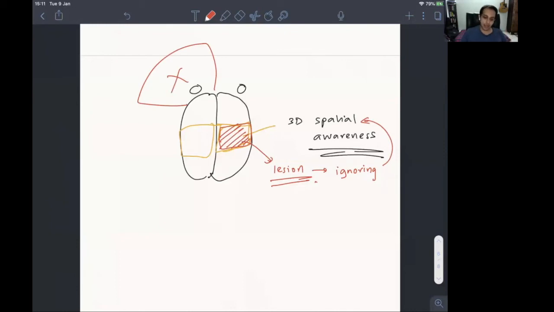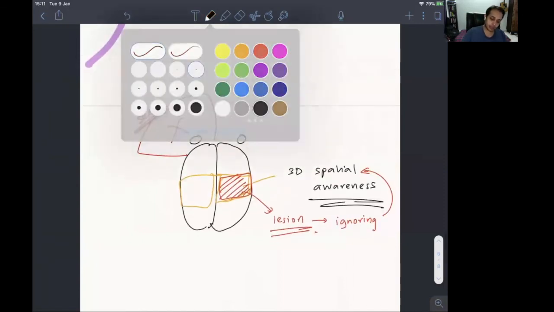And part of this is that he will not be able to see anything on the left side, not because there is anything wrong in the optic nerve or the occipital lobe, but because he's not even aware of the left side of the world. So this is hemi neglect, and this is different from hemianopia.